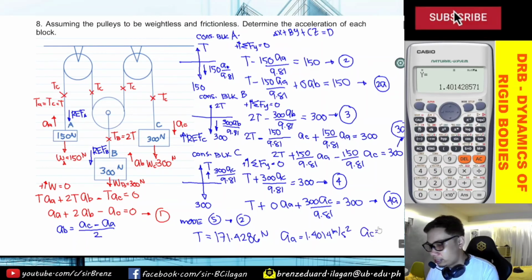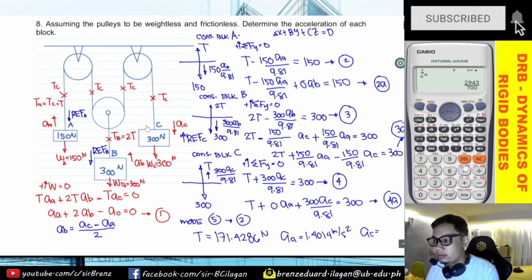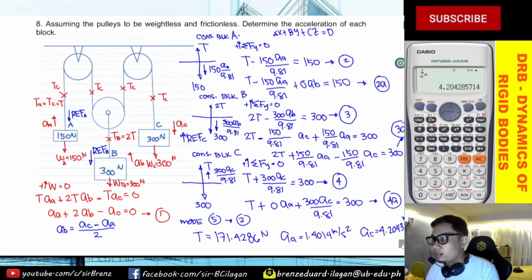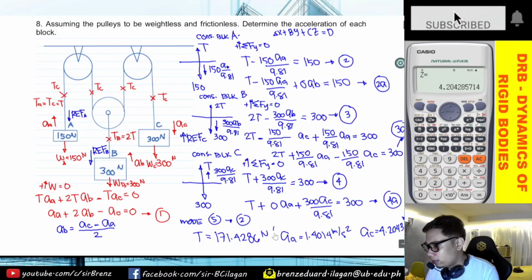And for acceleration in block C, that is equivalent to 4.2043 meter per second squared. Ano bang hinahanap dito? Acceleration. So, ito na yung mga sagot natin.